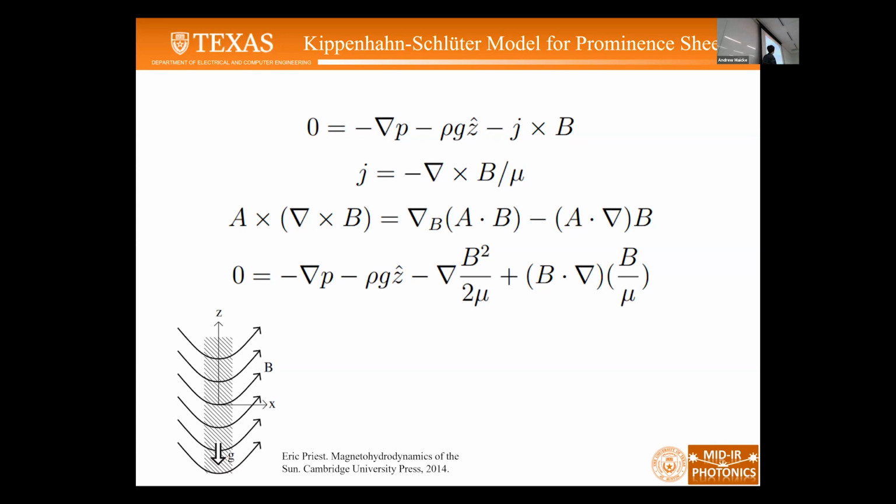You can get this force balance equation, which splits the Lorentz force component into the magnetic pressure that we saw before and a magnetic tension force. So the hydrostatic pressure and the magnetic pressure counterbalance each other to keep the prominence contained horizontally, but the tension force is what balances out the gravitational force, which causes the prominence to stay suspended for extended periods of time.